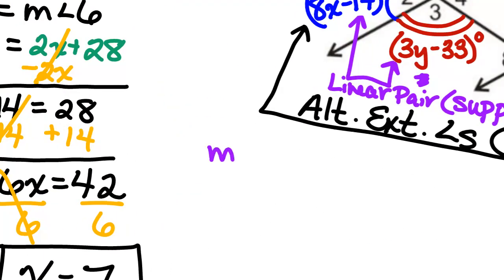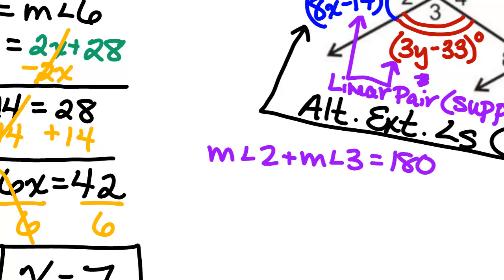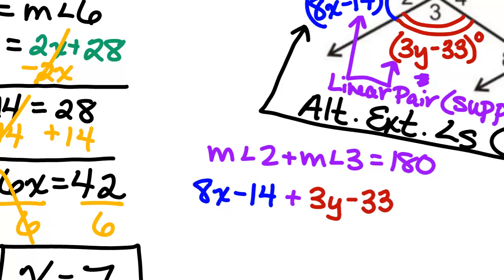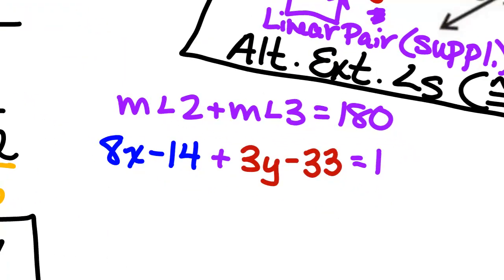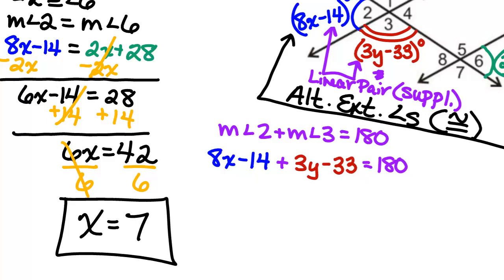So that means the measurement of angle 2 plus the measurement of angle 3 equals 180 because they're supplementary. The measurement of angle 2 is 8x minus 14. The measurement of angle 3 was 3y minus 33. What do I do now? I've got an x and a y in the equation.